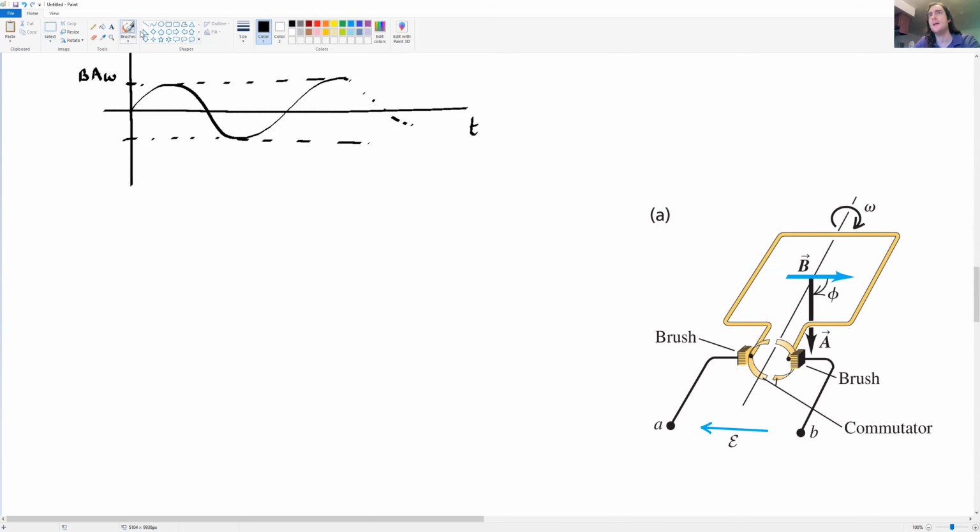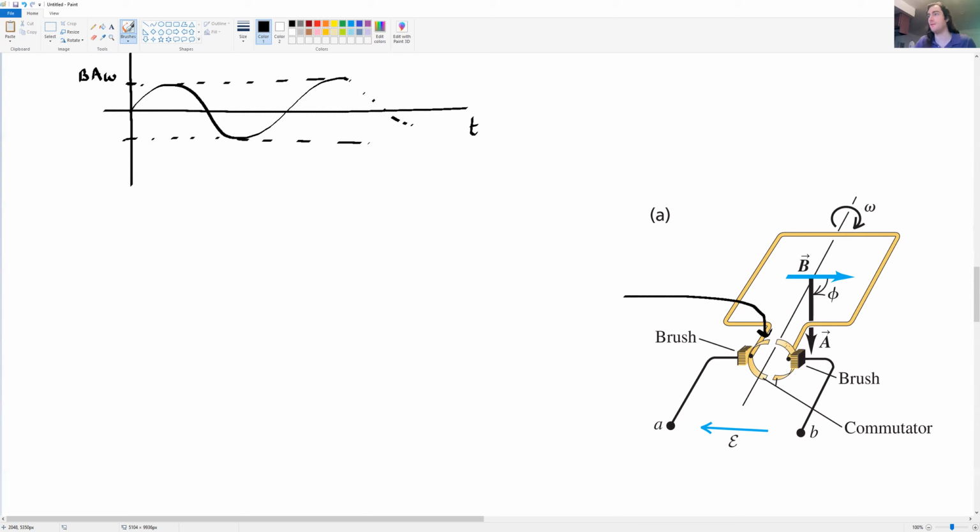So we can see here that the brushes are on the same loop, but there's like a gap in the loop there. And so as this loop rotates, those brushes will break contact and then make contact with the other side, thereby changing the polarity. The polarity was about to go negative, but you broke contact and switched the connection so that it stays positive.